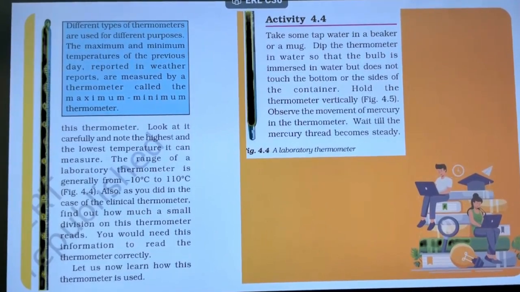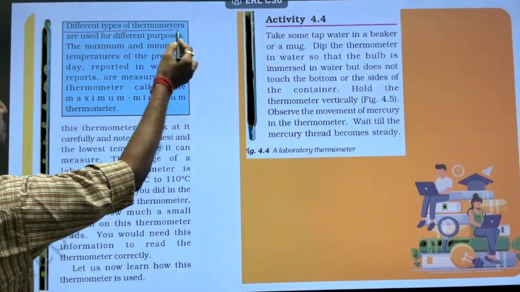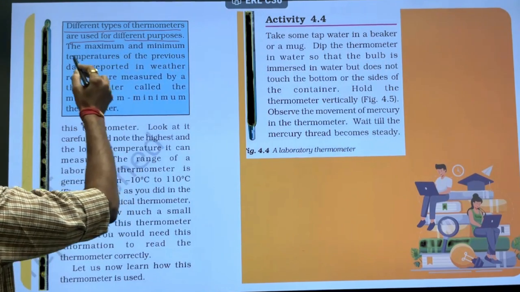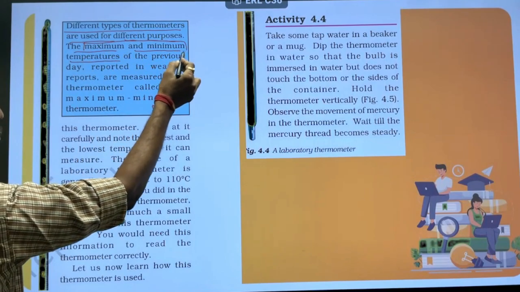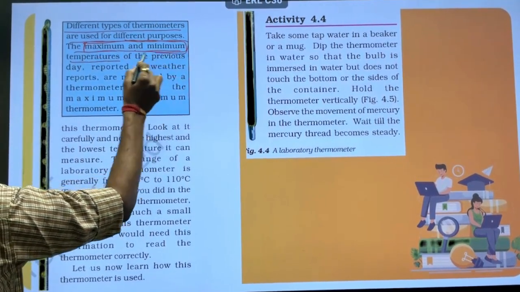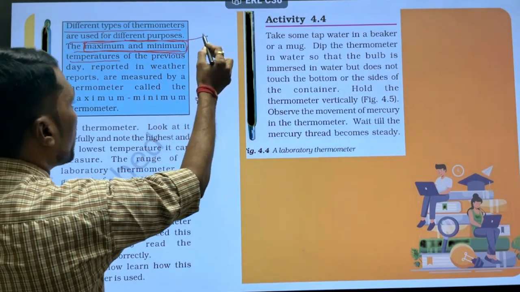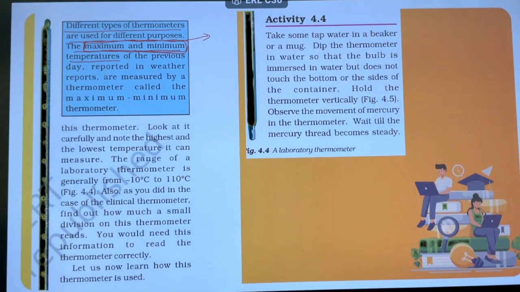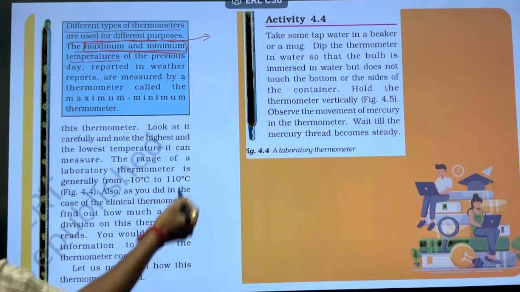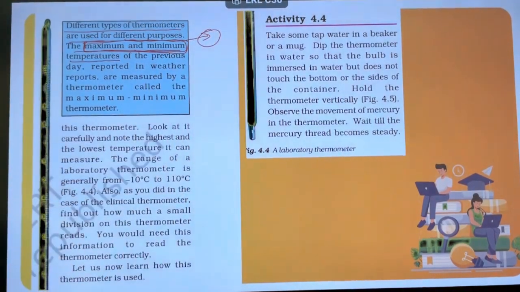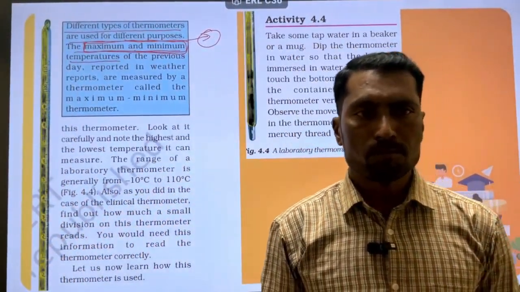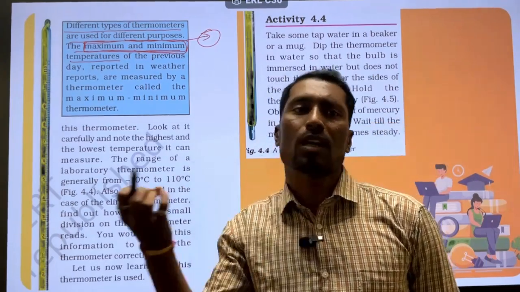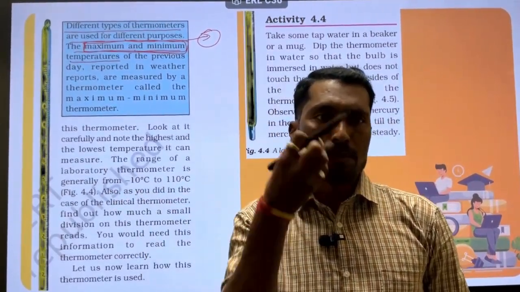Laboratory thermometer. Different types of thermometers are used for different purposes. The maximum and minimum temperature is another type. Maximum and minimum temperature can be measured and are related with the weather. Weather के related जो भी है, weather forecast, क्योंकि उस condition में हमें पूरे दिन का जो forecast है we can analyze from that.